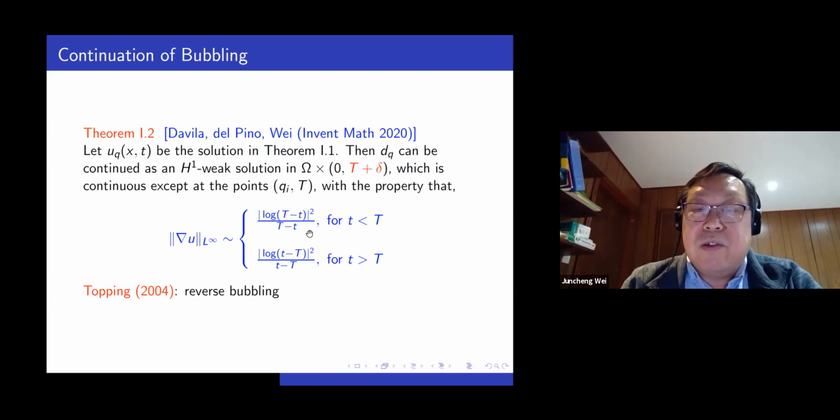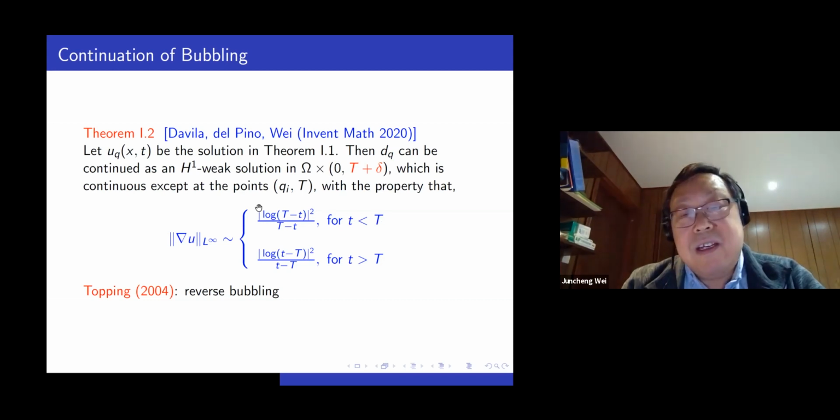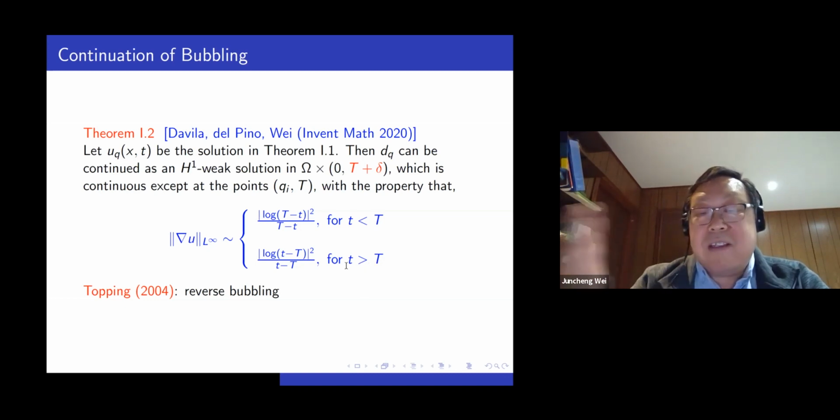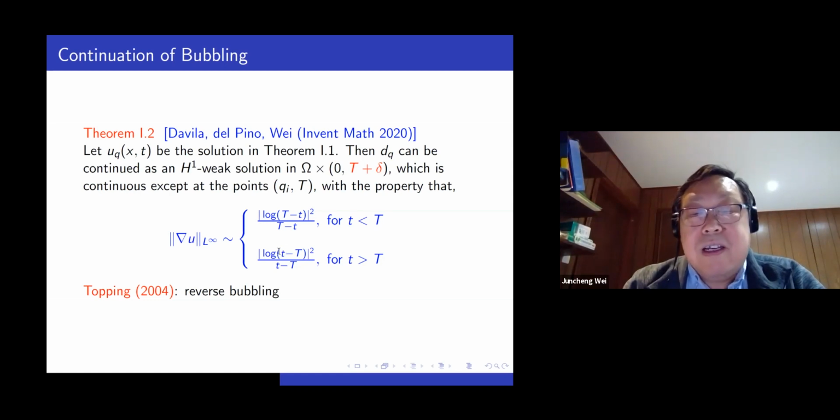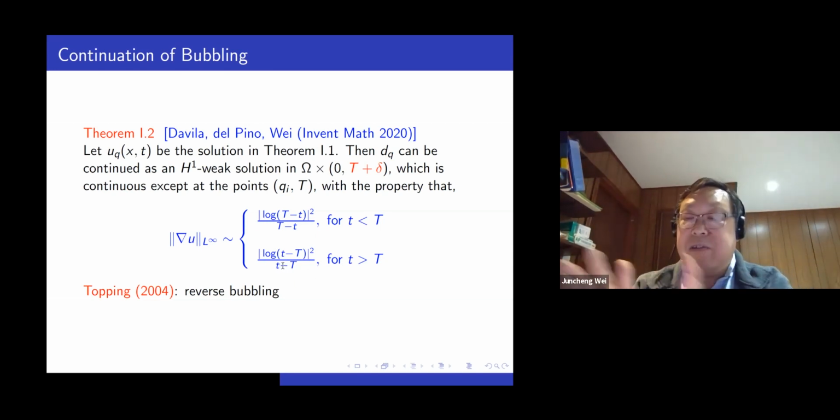So the blob profile will be, for t less than capital T, a log square of T minus t. But for t greater than capital T, you can just add a reverse bubble, which is log square over little t minus big T. So you can somehow continue the bubble.